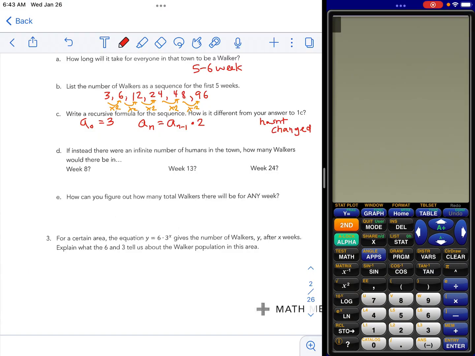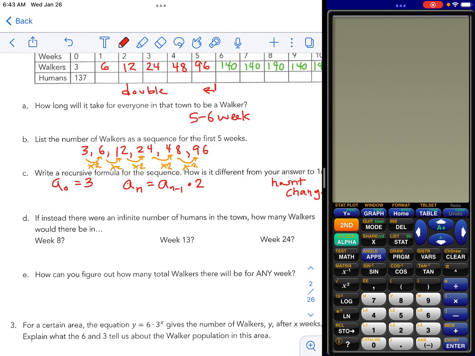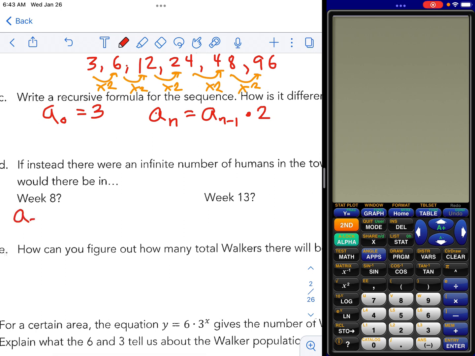But if we want week 8, well, right now we have week 5, right? A5 is 96, so I'm going to put 96 into my calculator. And then I'm going to go times 2 to get A6, and then times 2 to get A7, and times 2 to get A8.